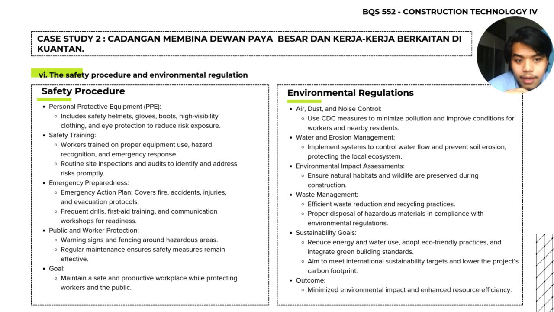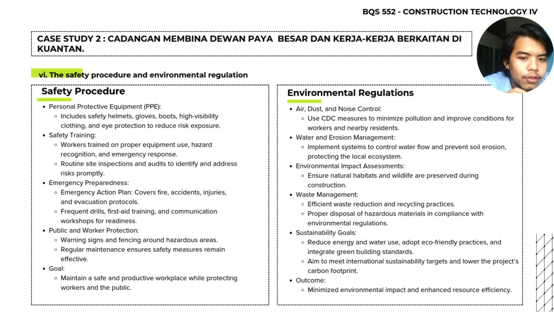And next, for public and worker protection, there are warning signs and fencing around the hazardous area, and regular maintenance to ensure safety measures remain effective. And the goal of the safety procedure is to maintain a safe and productive workplace while protecting workers and the public.